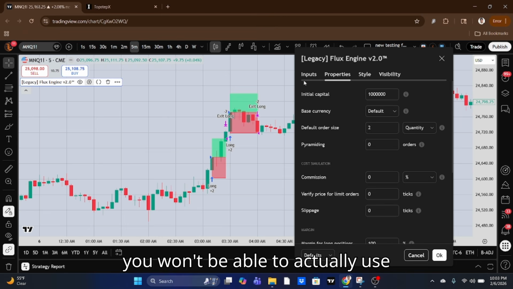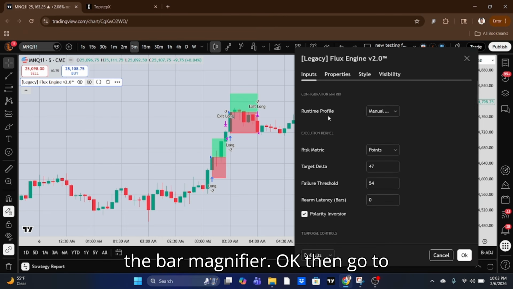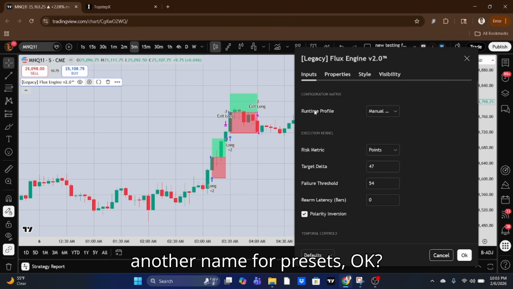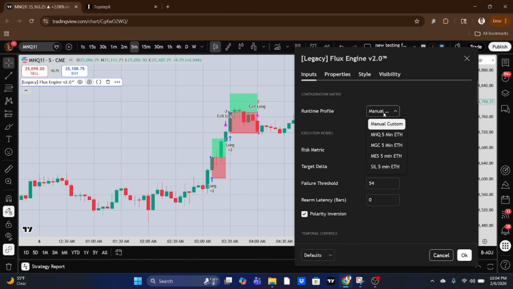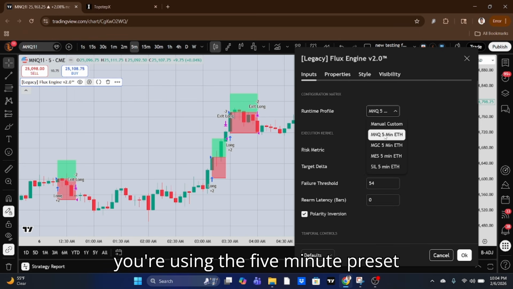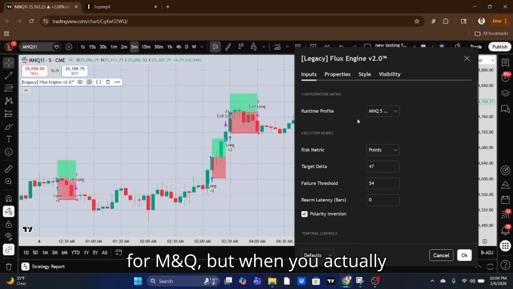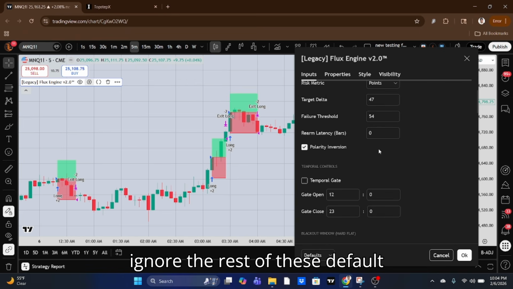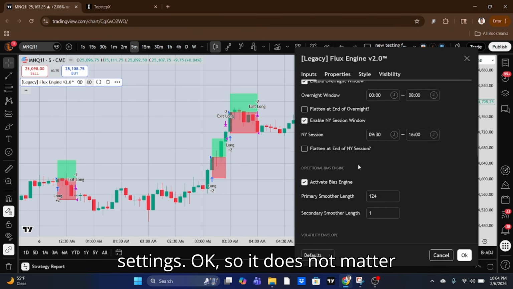Okay. Then go to the inputs tab, runtime profile. This is just another name for presets. I personally use the MNQ 5 minute ETH. If you select that, make sure you are on MNQ and also the 5 minute time frame. But when you have this selected, it will ignore the rest of these default settings.